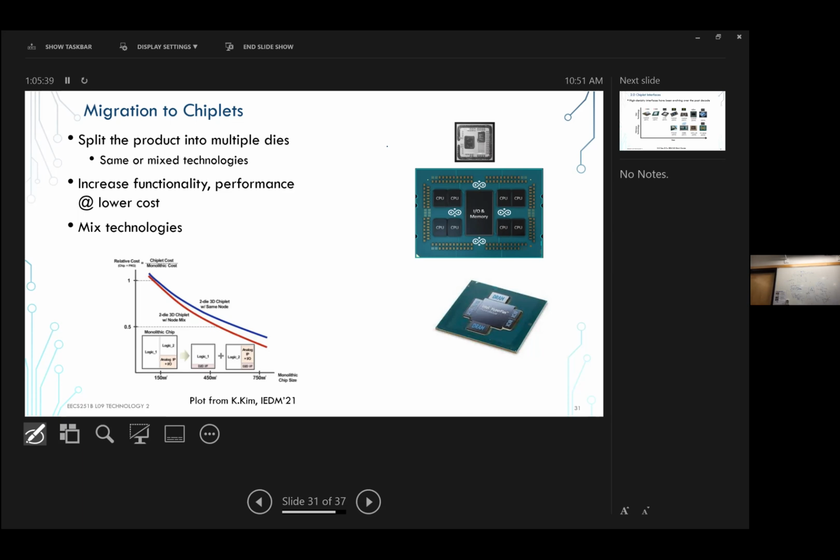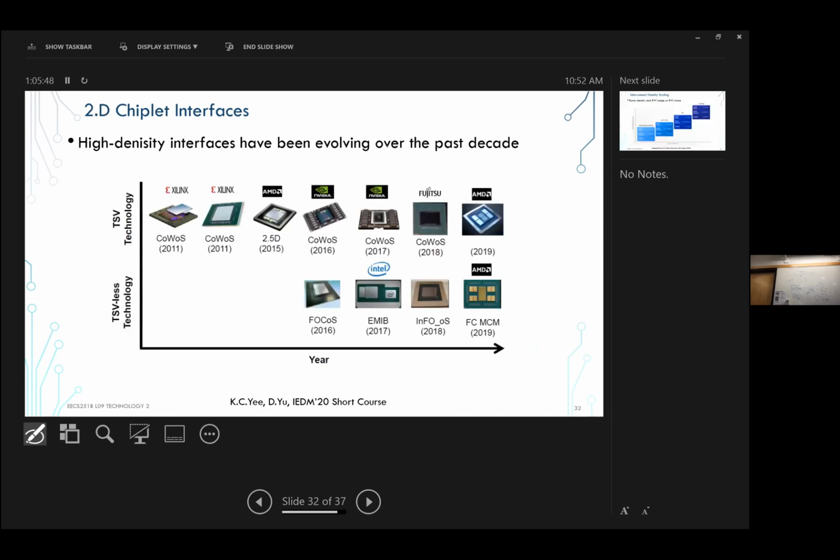So okay, that's great. How do we break our big product, our big idea, into multiple chiplets? People have been looking into this for a while, and we have seen different solutions. They all have different names over here. The challenge is they're all point solutions.